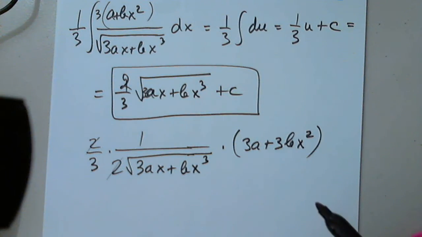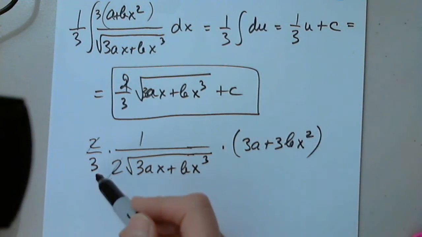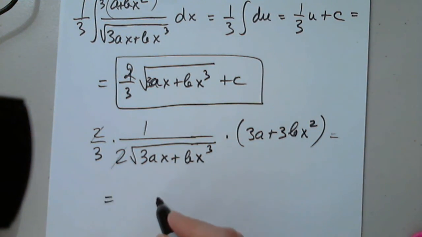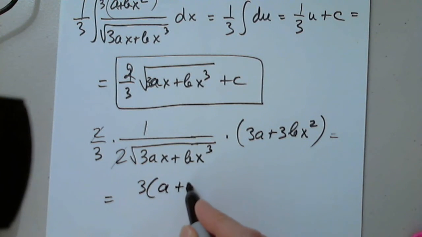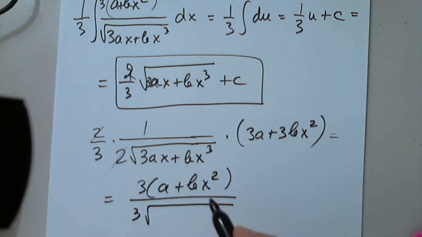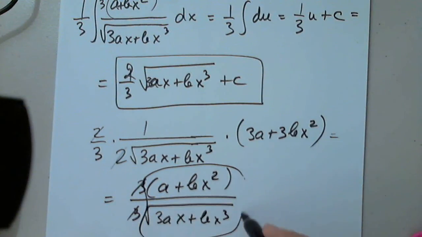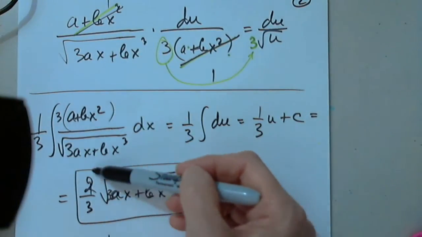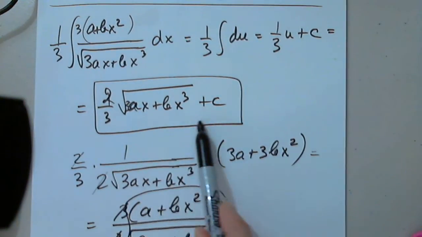These two will go away. The 3 comes out and simplifies the 3 in front. And we get the original function back. So we know that this is correct. So this is the correct answer.